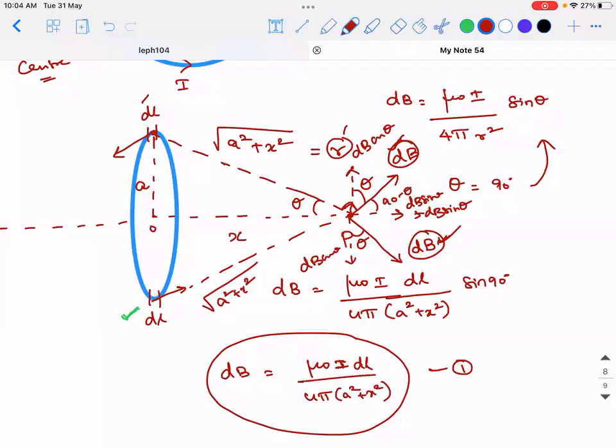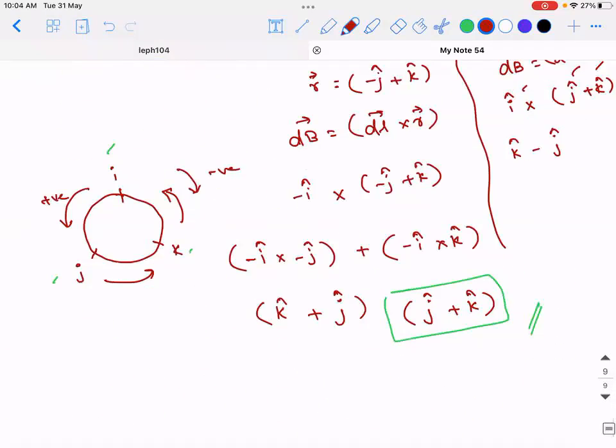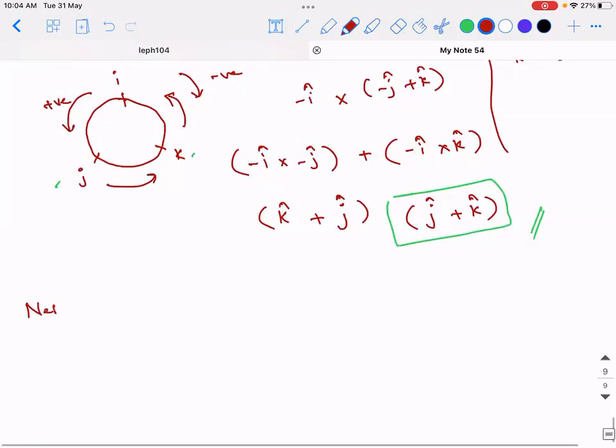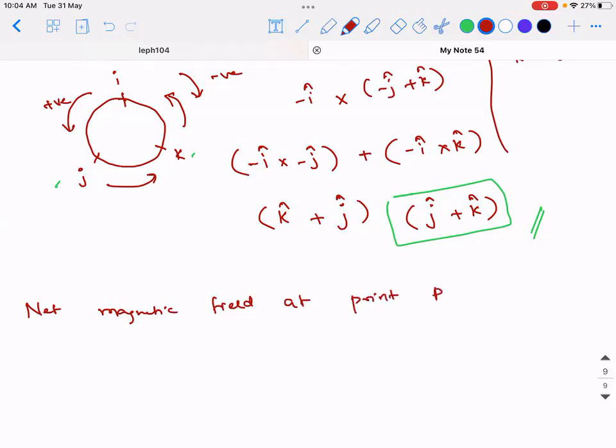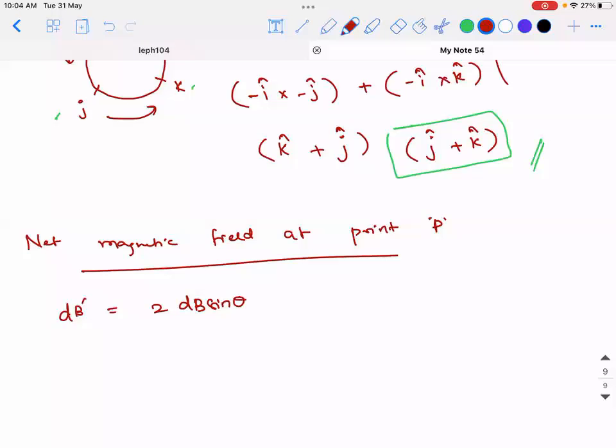Which components get cancelled? Cos theta components get eliminated and dB sin theta is what is left out. So how many dB sin thetas are there? 2 dB sin thetas are there. So the net magnetic field at point P is dB dash, I'll call it. It is 2 times dB sin theta.